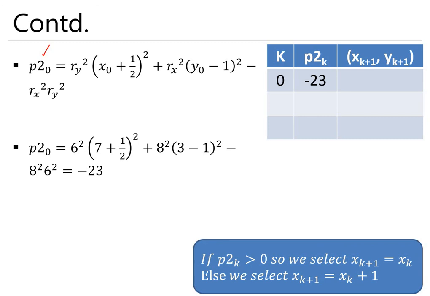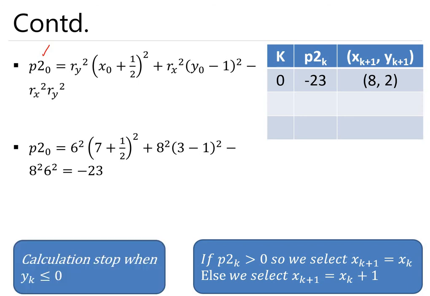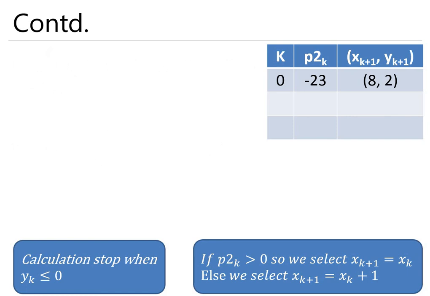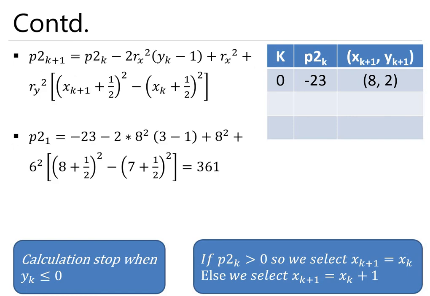That means the value of x will increase. So it is increasing from 7 to 8, and y is decreasing from 3 to 2. The calculation stops when yk is less than or equal to 0. It has to stop when it reaches the axis. So we calculate again, and then we get the value 361.